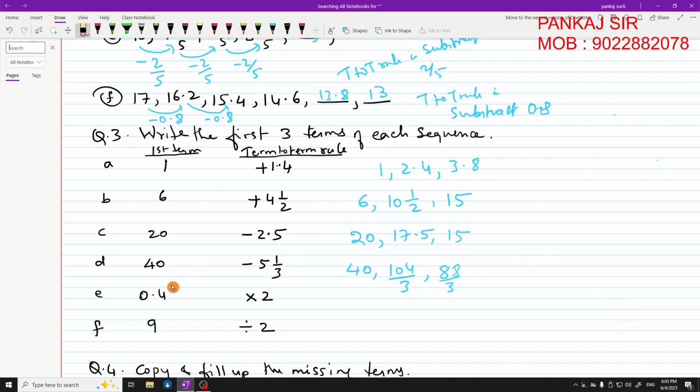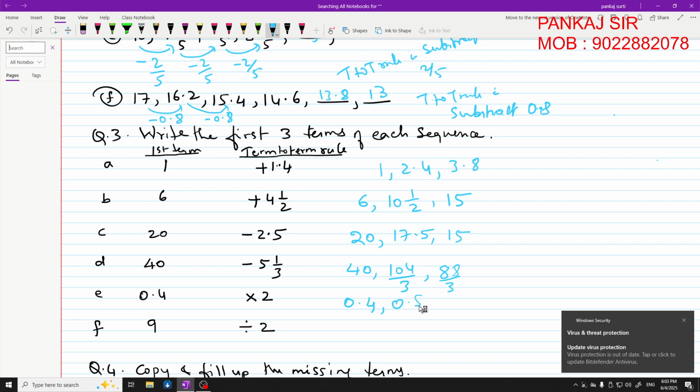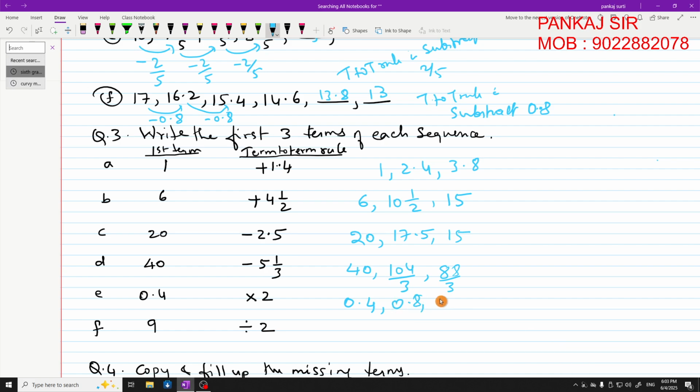Okay. That is E. The first term is 0.4, so I'm going to write it as it is. Second term is 0.4 multiplied by 2. So 0.4 multiplied by 2 should be 0.8. Am I right? So my second term will be 0.8. And 0.8 again multiplied by 2 should give me 1.6.